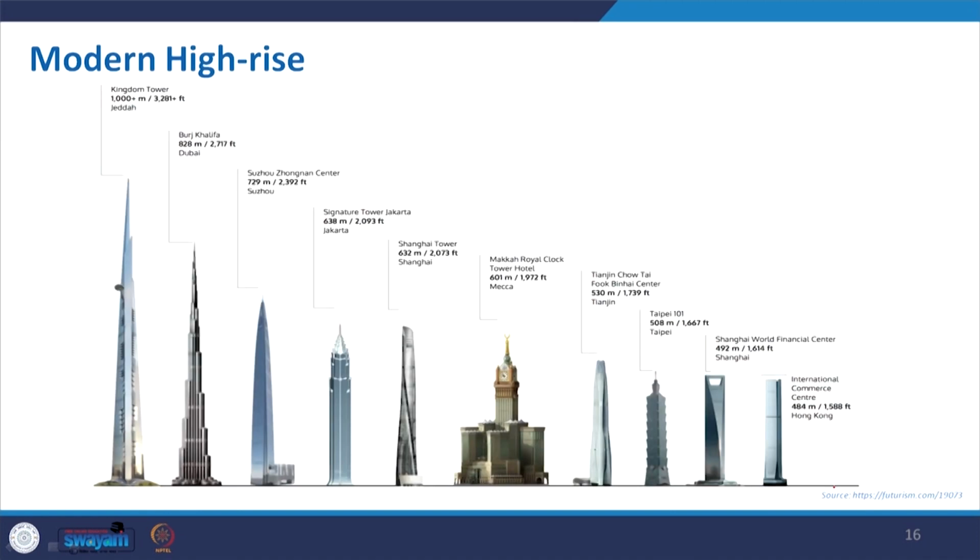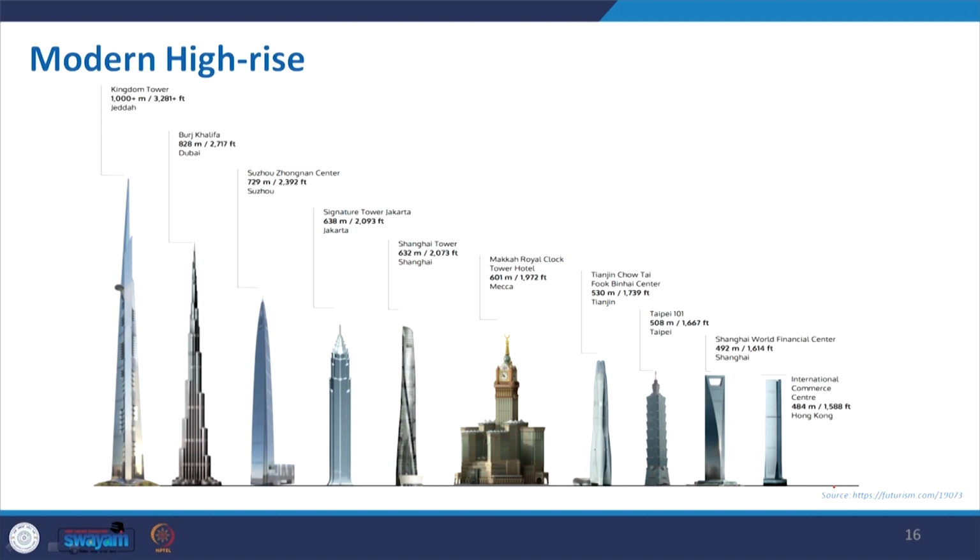This is another pictorial example, where the Kingdom Tower is compared with other structures as well. Day by day records are being broken; within each 5 year interval we get a new list, as someone breaks someone's record.